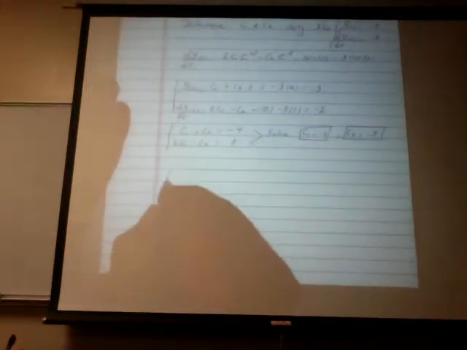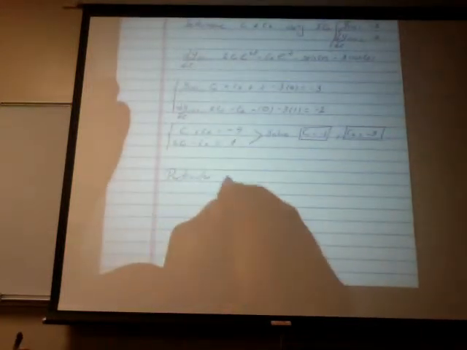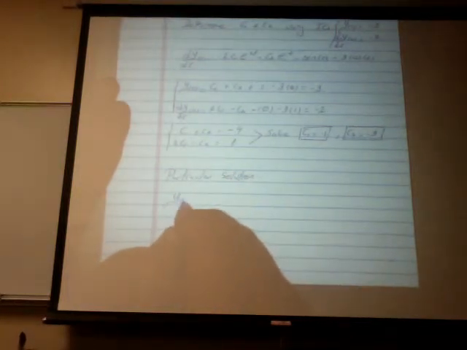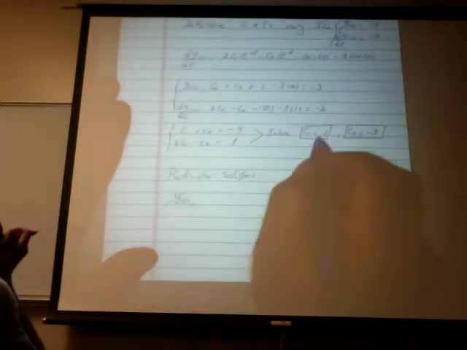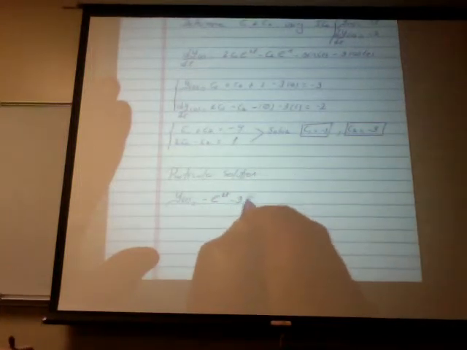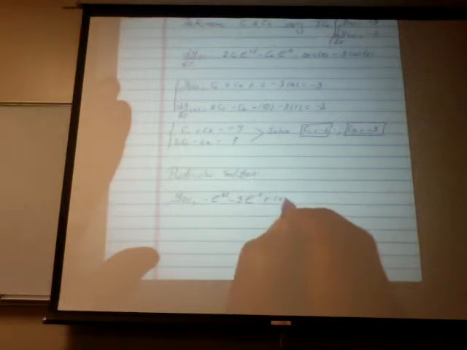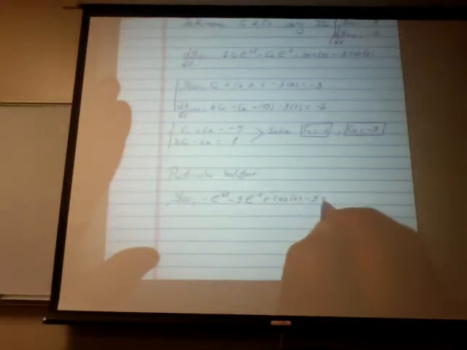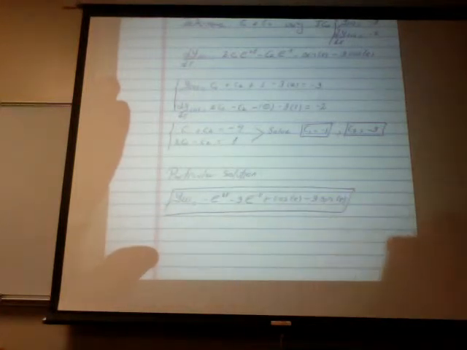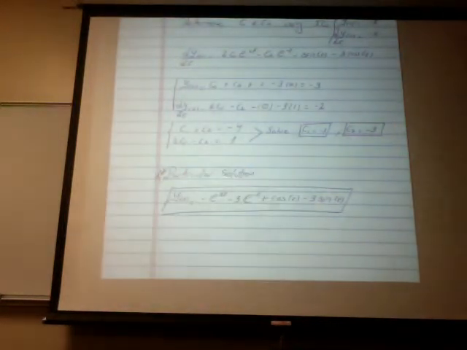So that would lead to the particular solution. Being y of t is equal to C1, which is minus 1, e to the 2t, C2, which is minus 3, e to the minus t, plus cosine of t minus 3 sine of t. And that is the particular solution because it is a single function that satisfies both the governing equation and the set of initial conditions.